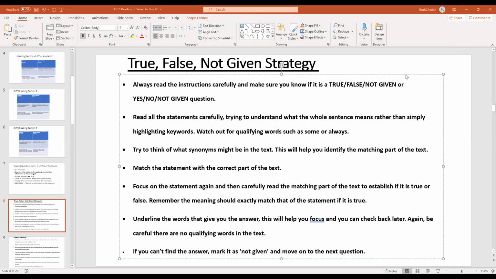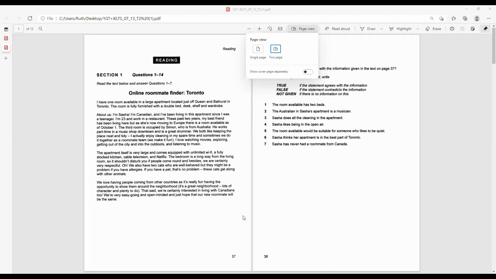I'll open up, give me a minute, the test for today. Reading passage. Can you guys see my screen?